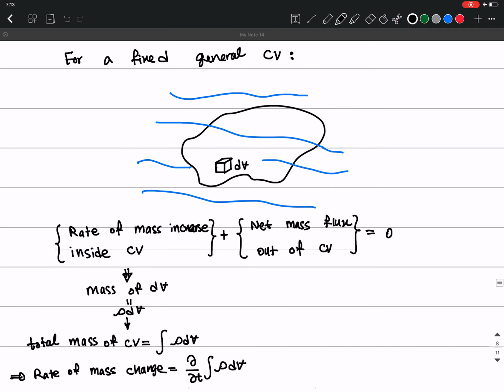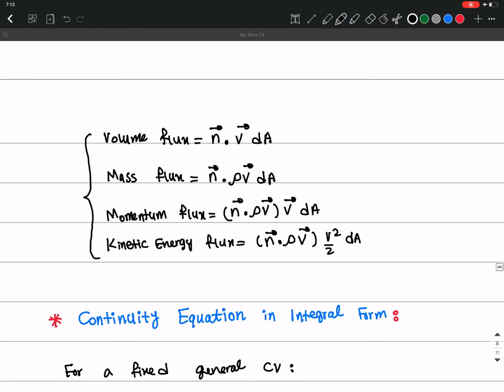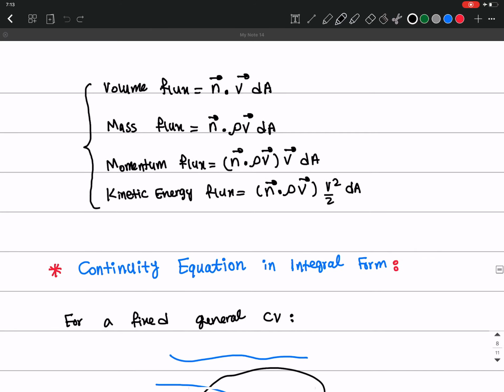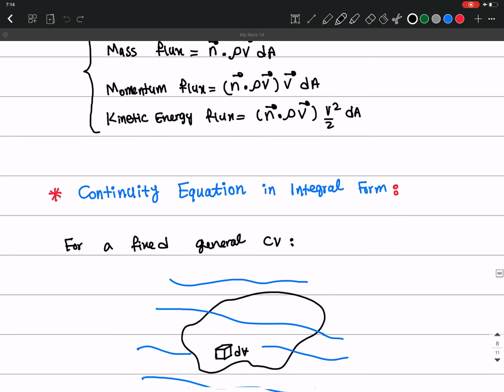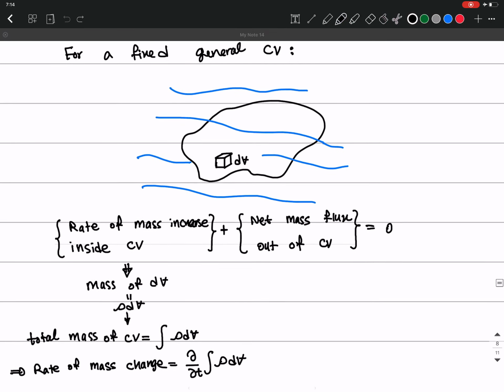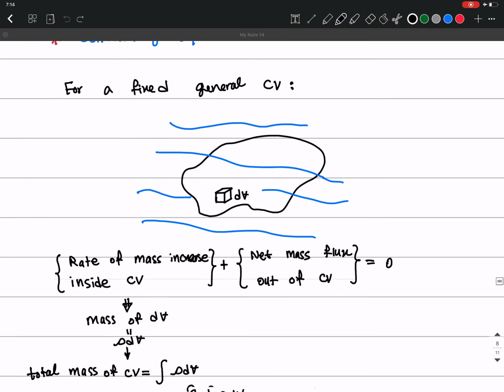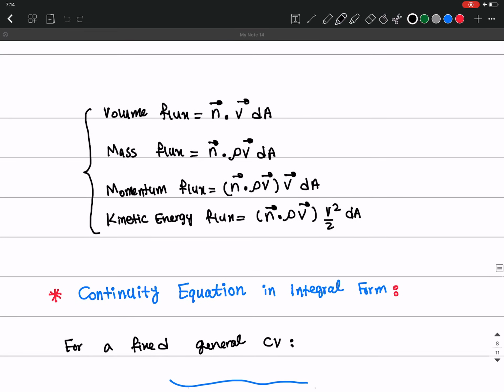And then net mass flux out of CV. So we learned about mass flux before. What is mass flux? We have it here. This is mass flux, okay? So this is just n dot rho v times dA. This is just the mass flux that is going across a small element of dA, right?